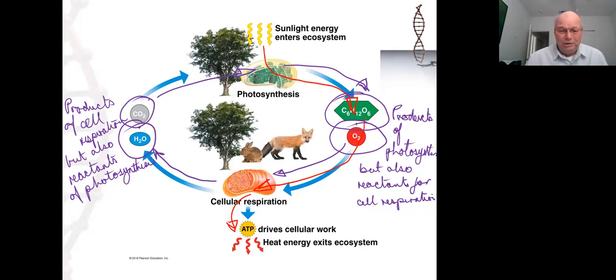But the chemical principles that we're going to see played out here are the same chemical principles that are in play for photosynthesis. So one of the things to always remember as we're talking about cell respiration is that the basic chemical principles, the movement of electrons and the source of electrons as a source of potential energy, is no different here in cell respiration than it is in photosynthesis.